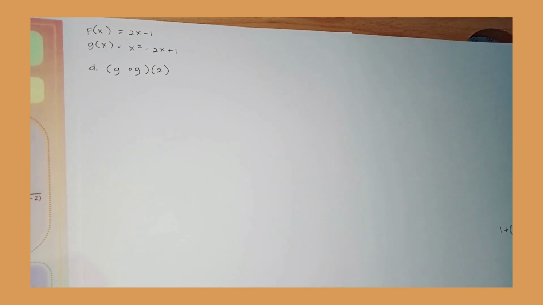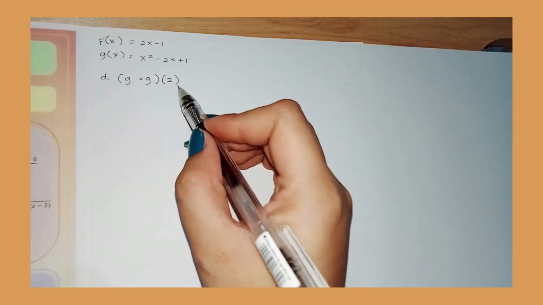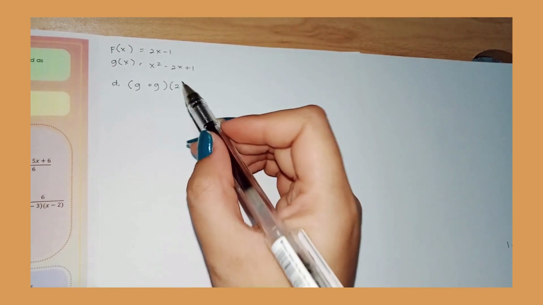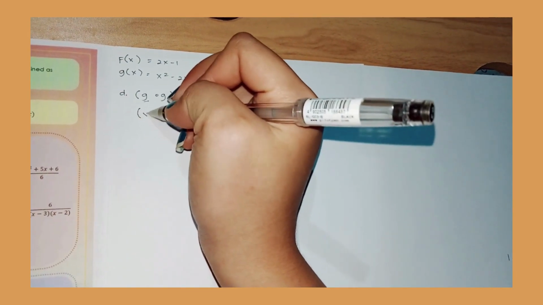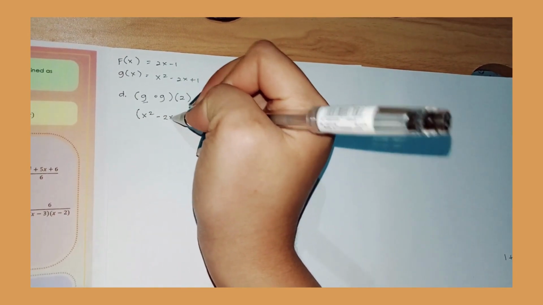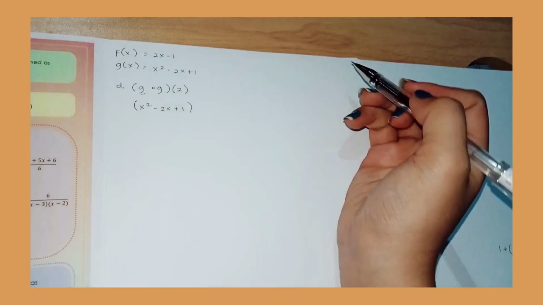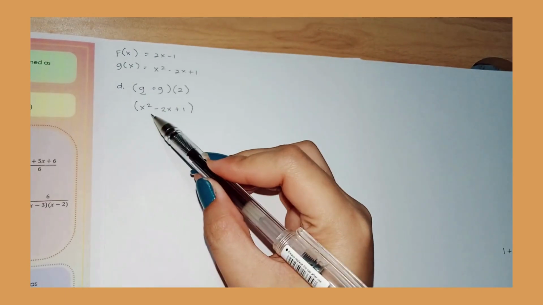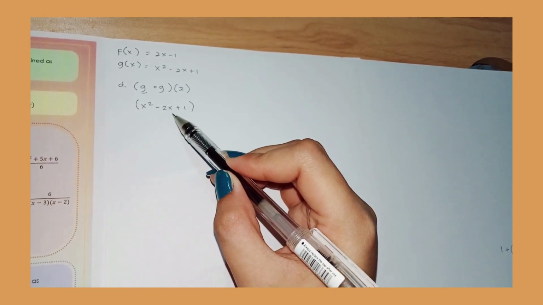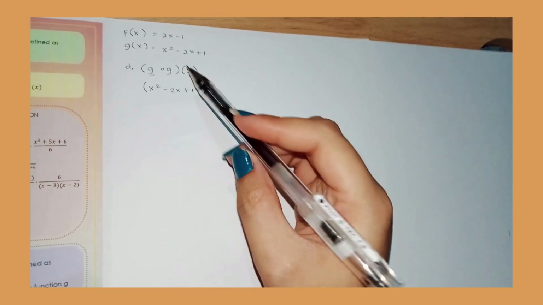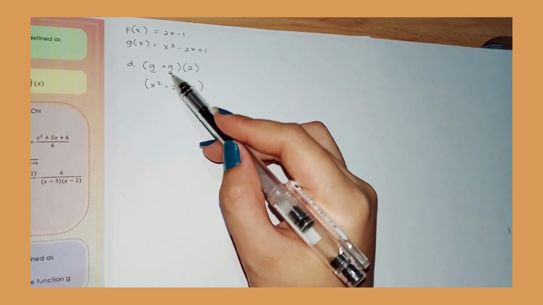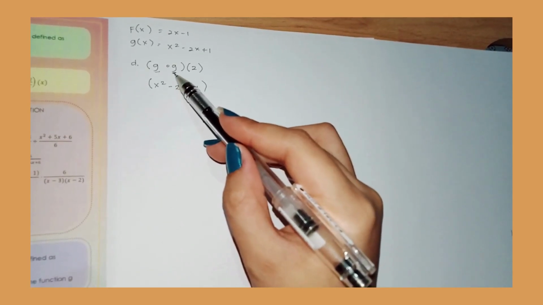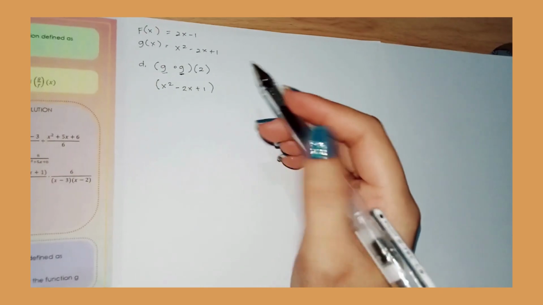Example D of composition of functions, we have g circle g of 2. So, yung gagawin natin, kopyahin muna yung g, that is x squared minus 2x plus 1. Ngayon, lahat ng x na nandito, papalitan natin ng x squared minus 2x plus 1 kasi g ulit ito. So, lahat ng x, papalitan ko ng value ni g.